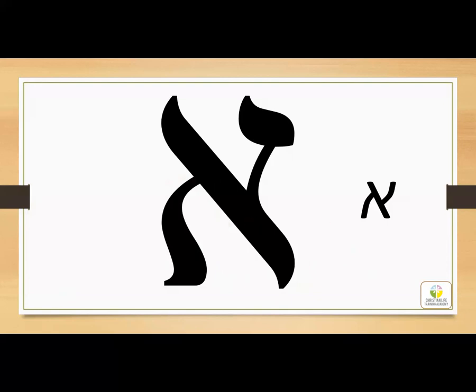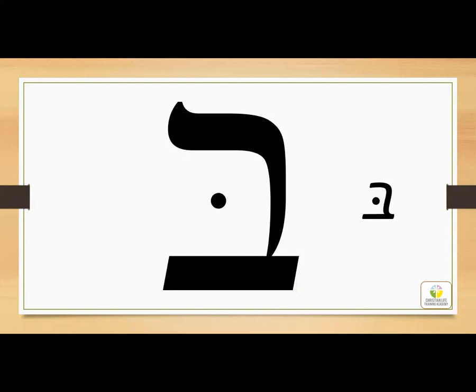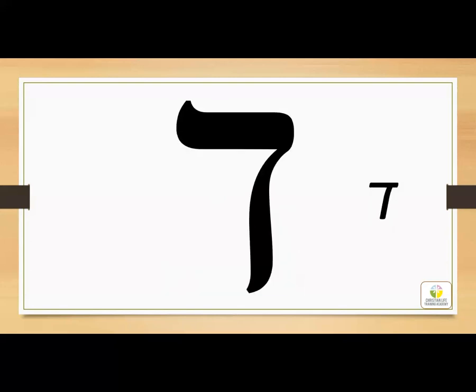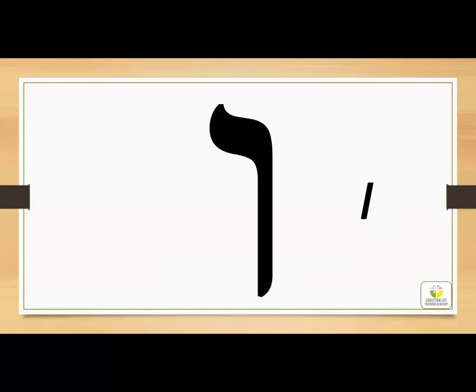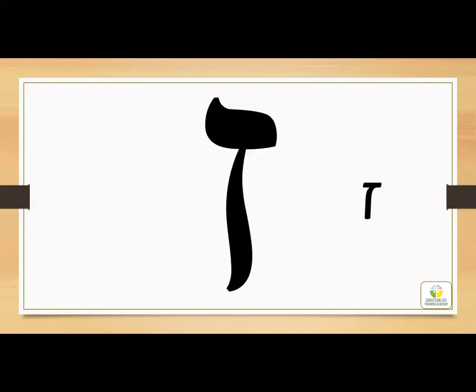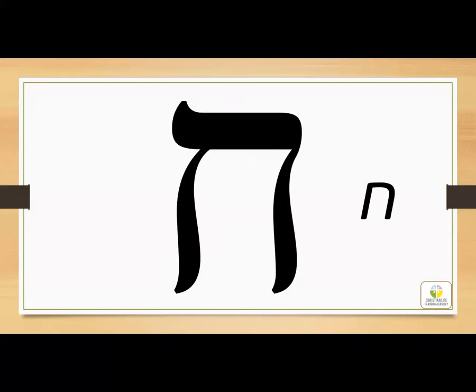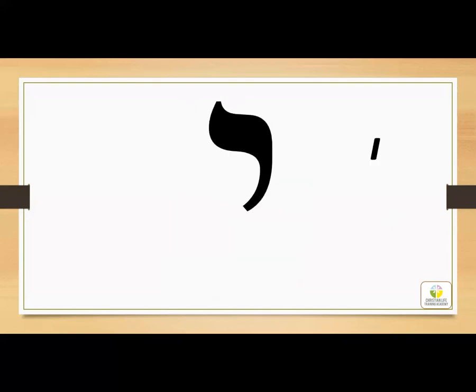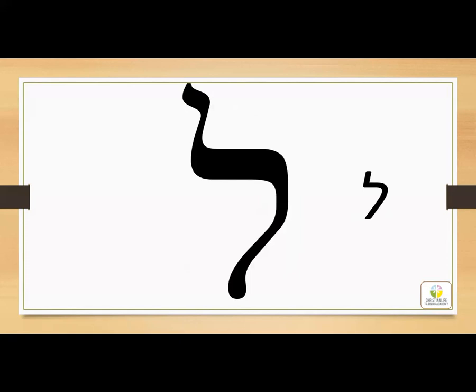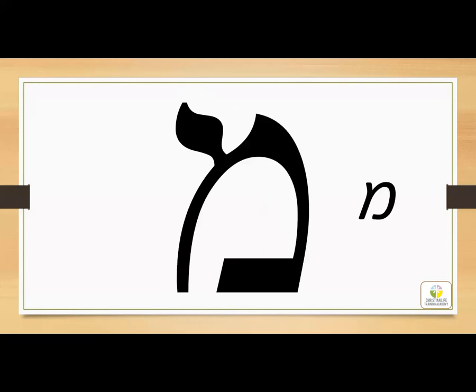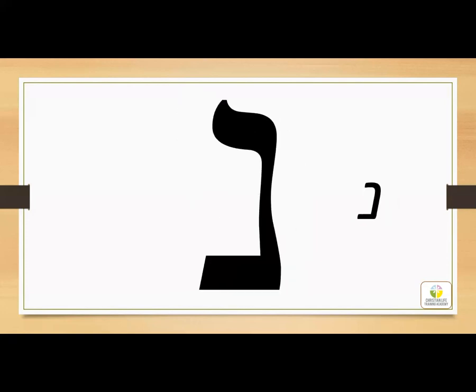Okay. Aleph, Bet, Gimel, Dalet, Hey, Vav, Zayin, Tet, Yud, Kaf, Lamed, Mem, Nun, Samech.